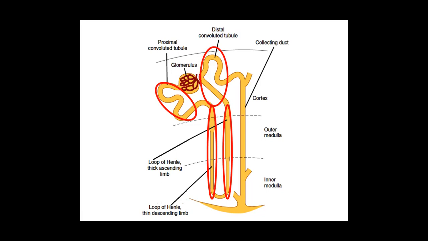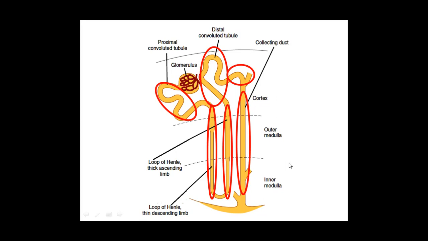This is followed by the distal convoluted tubule, then the connecting tubule, and then several portions of the collecting tubule: the cortical portion, the outer medullary portion, and the inner medullary portion.